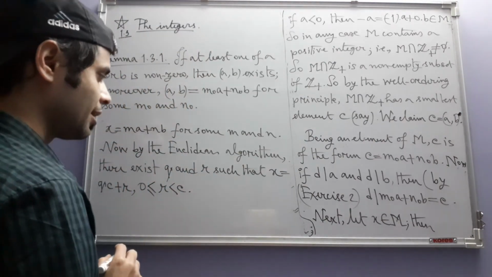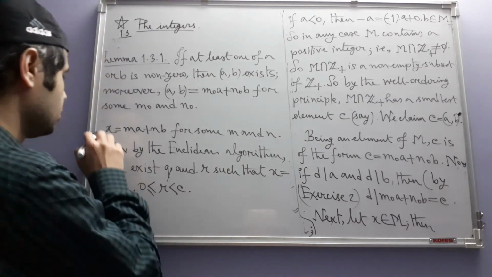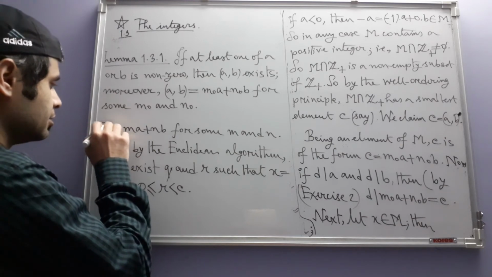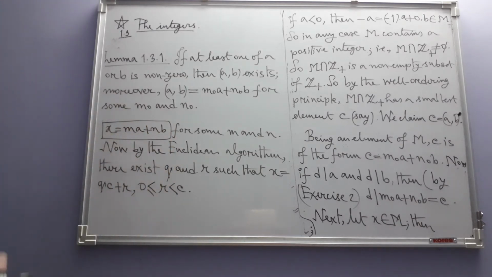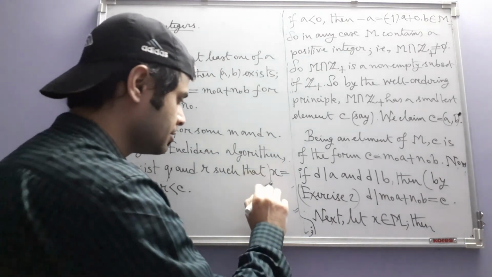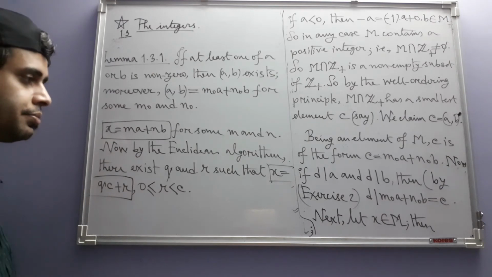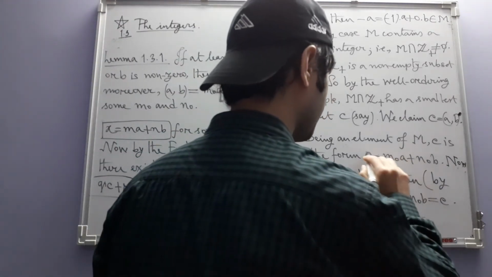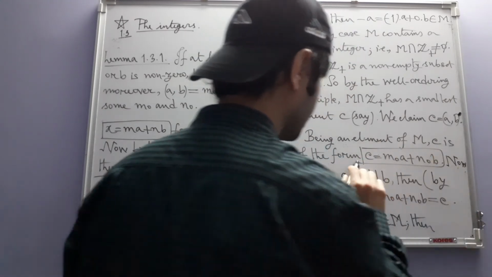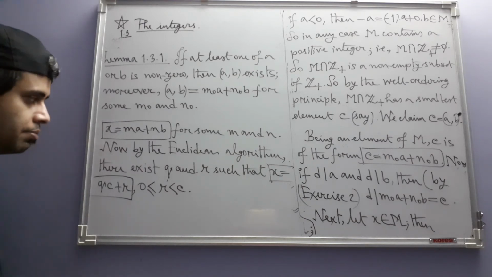Right. Now we are going to use several things. First of all, you look at this. X is M A plus N B. At the same time, X is also QC plus R. And at the same time, C is M naught A plus N naught B. So we link all these things, but one at a time.